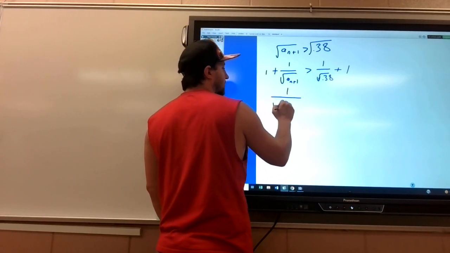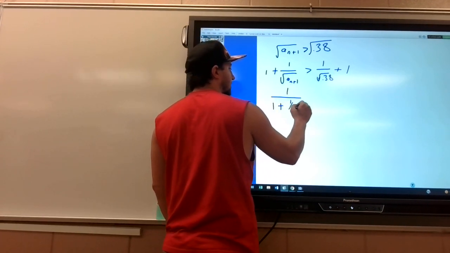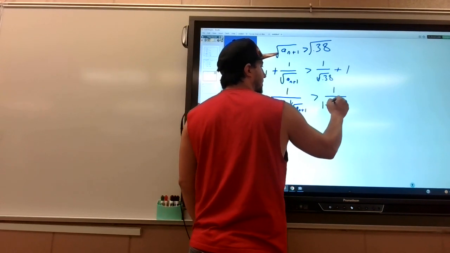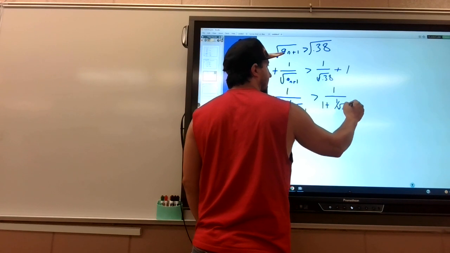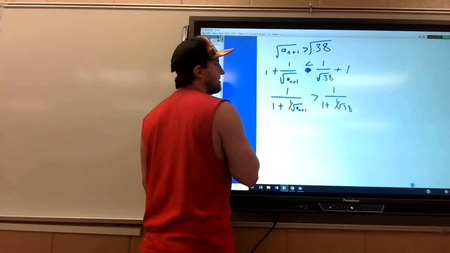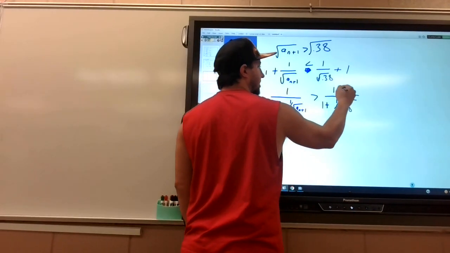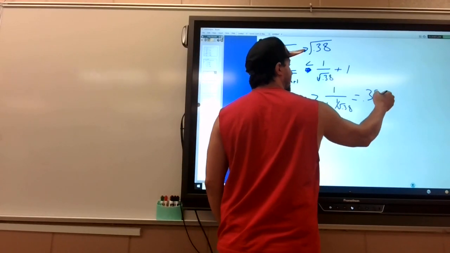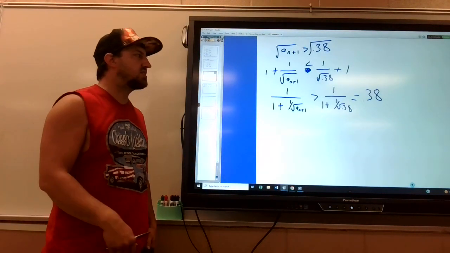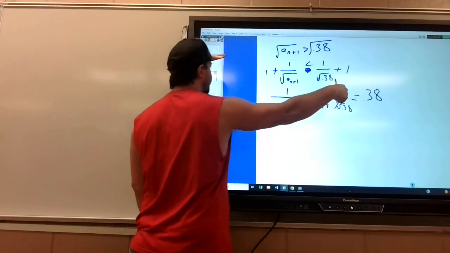So 1 over 1 plus 1 over square root a sub n plus 1 is greater than 1 over 1 plus 1 over square root 0.38. That should be a less than there, I apologize. If you type this into your calculator, you get right back to 0.38. So I have everything condensing down to 0.38.